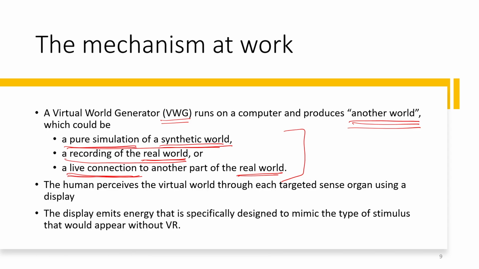The human perceives the virtual world through each targeted sense organ using a display. So, we perceive it using our targeted sense organ, could be our eyes or ears, and we do so through a display. A display emits energy that is specifically designed to mimic the type of stimulus that would appear without VR.